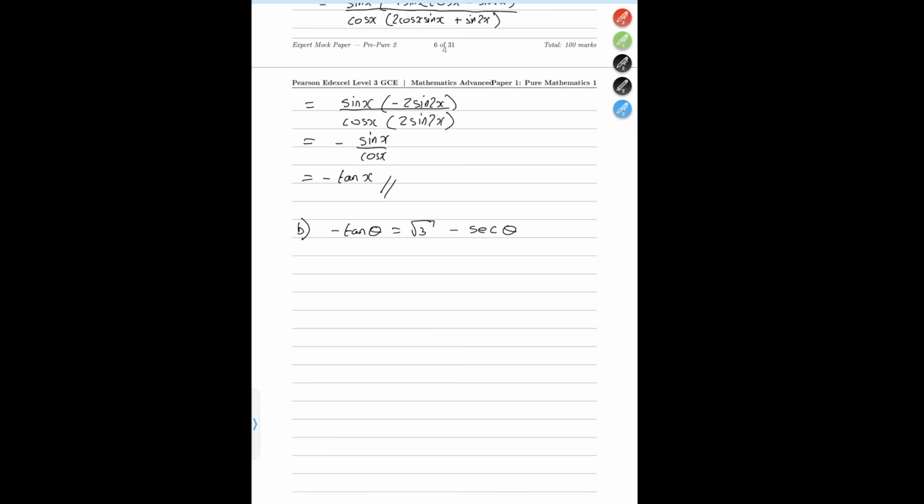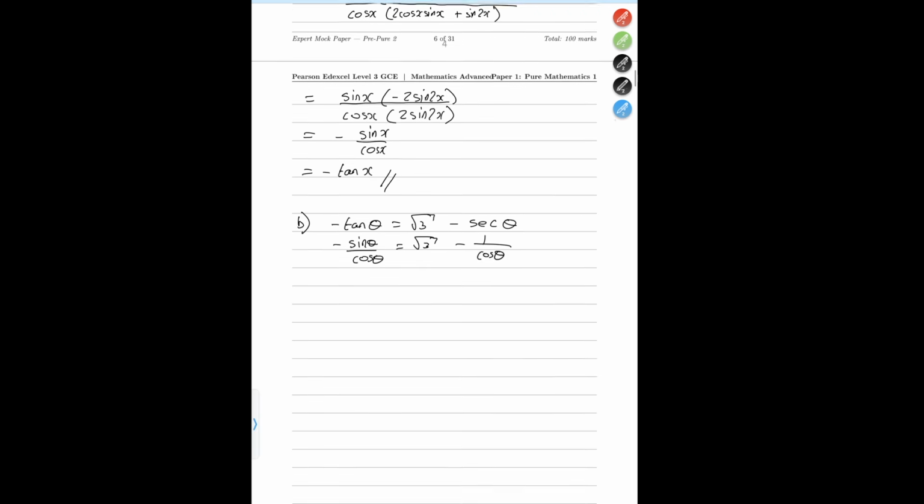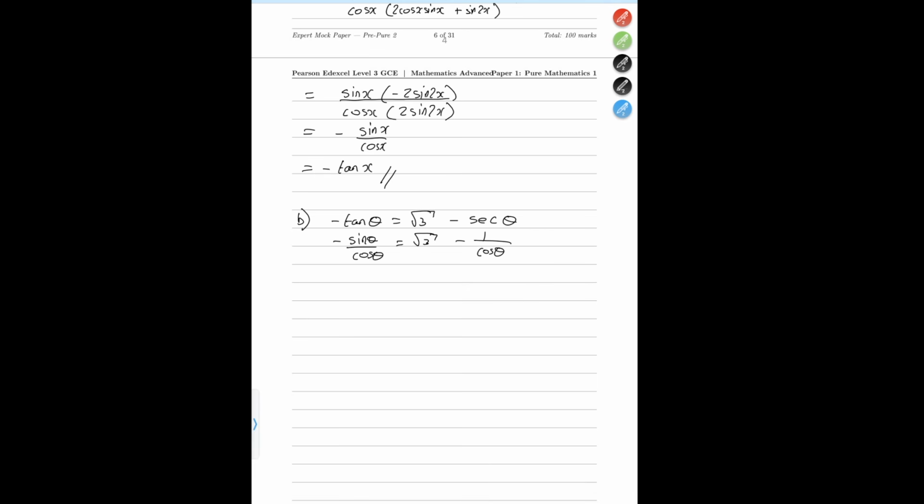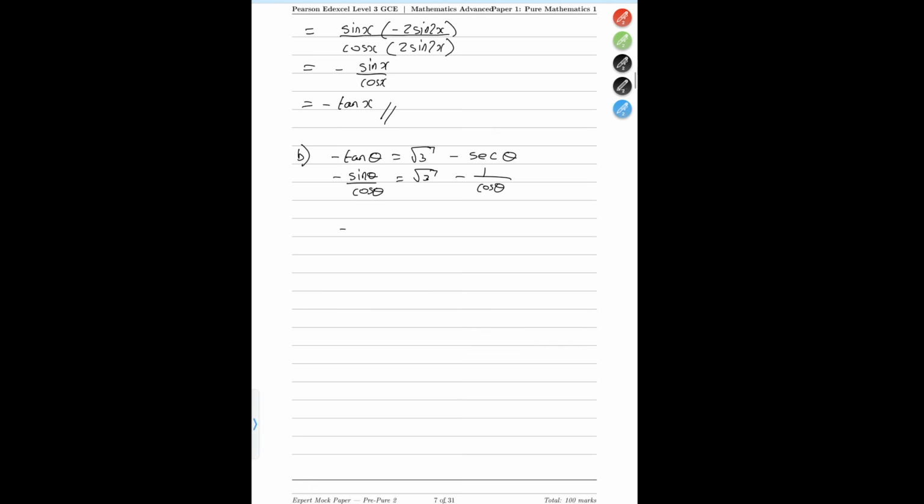Okay. So I'm just going to rewrite this as minus sine theta over cosine theta equals root 3 minus 1 over cosine theta. Okay. So I'm going to multiply here by cos of theta. So this is going to give me minus sine theta equals root 3 cos theta minus 1. Okay.